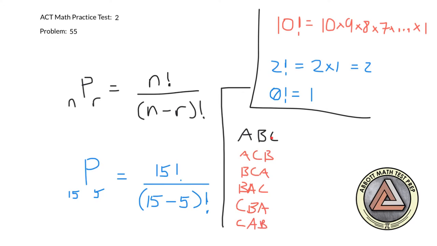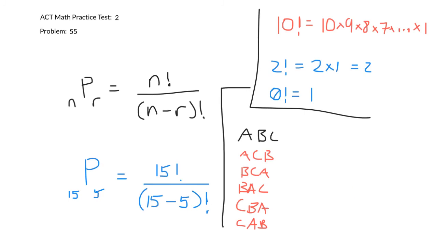But imagine you maybe didn't even want to know what the different orderings were, but you wanted to know how many there would be. Well, this is where the permutation formula would actually come into play. So, for example, you could have seen this situation as how many different ways can we order 3 objects taken 3 at a time.